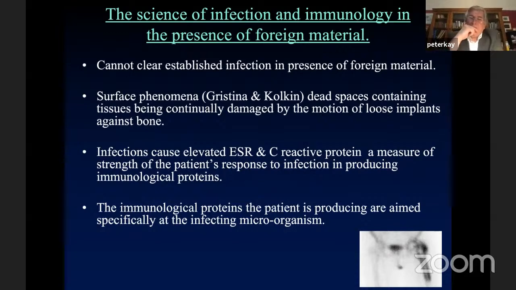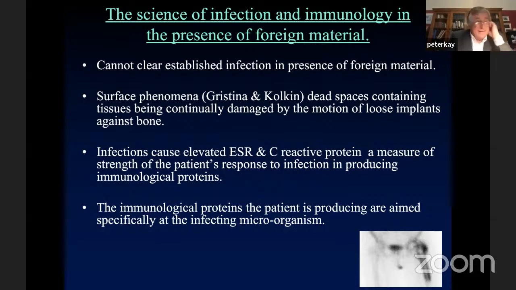But actually, when you start to think of what ESR and CRP are, it actually isn't a measure of anything the bacteria is producing. It's really a measure of the immune response of the host, the patient. And that ESR and CRP is really measuring the immune proteins. All of those immune proteins are aimed very much at the organism you're trying to eradicate.